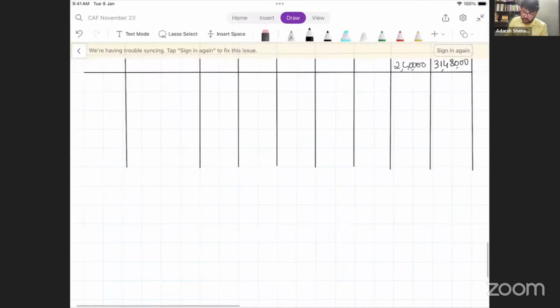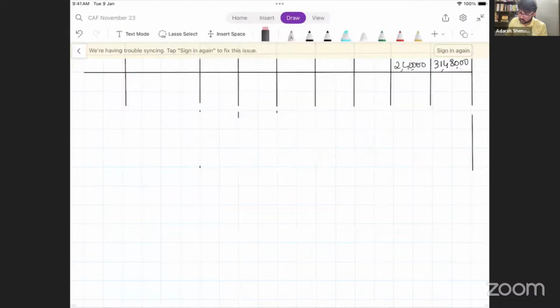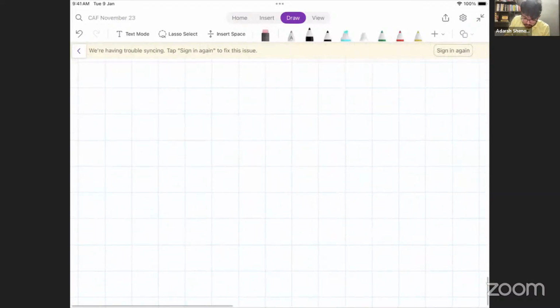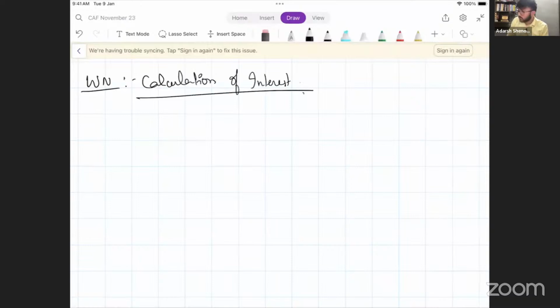Now the interest calculations. Working note, calculation of interest. Sir, can I write WN for working note? Or earlier Adil had asked, sir, can I write base date BD? Can I write due date as DD?